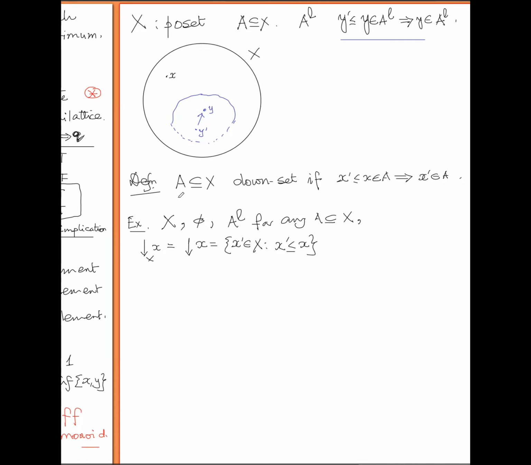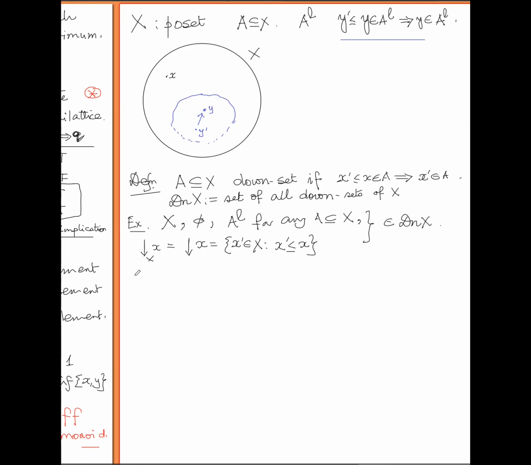I will use the notation script Dn of X to be the set of all downsets. So these are all members of it. There are many, many members of downset, so this set is not very small.